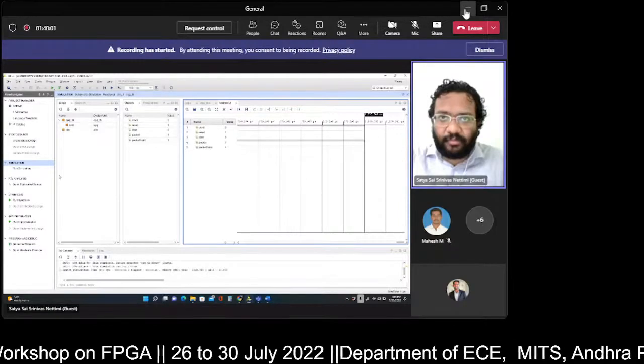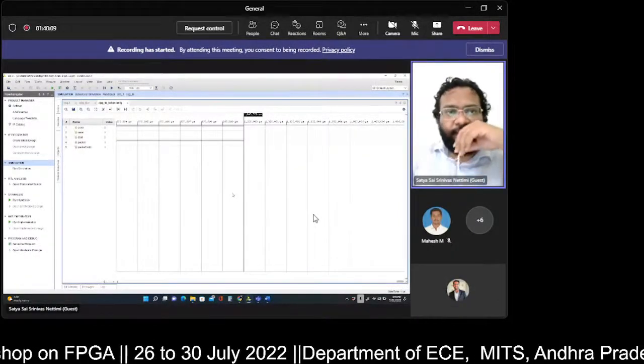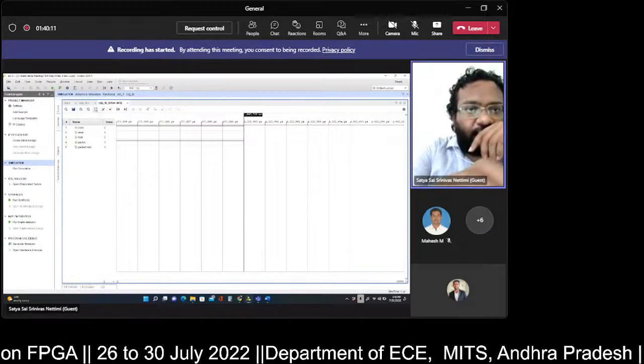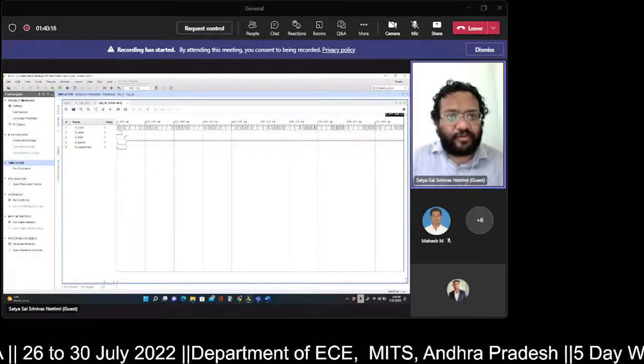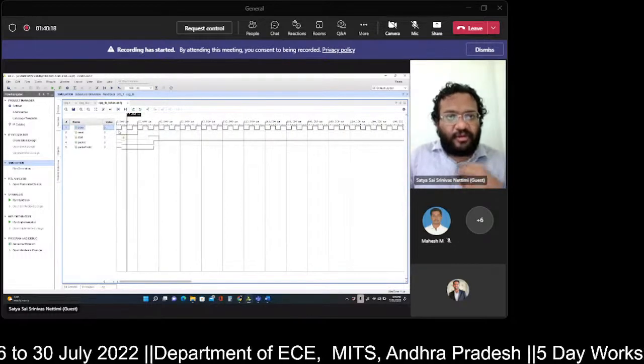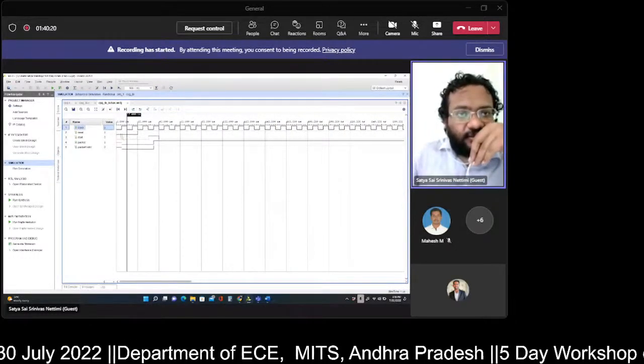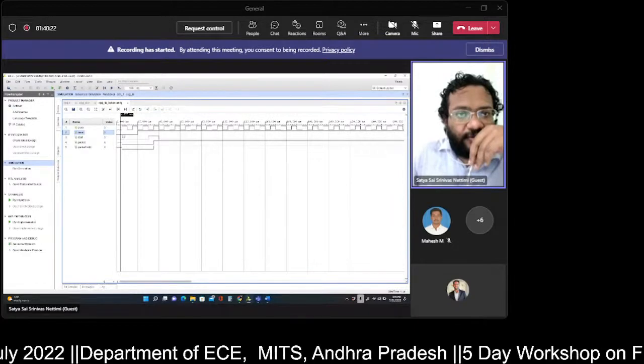This configuration, I will fit it. Yeah. I will zoom it here. So you can see here.